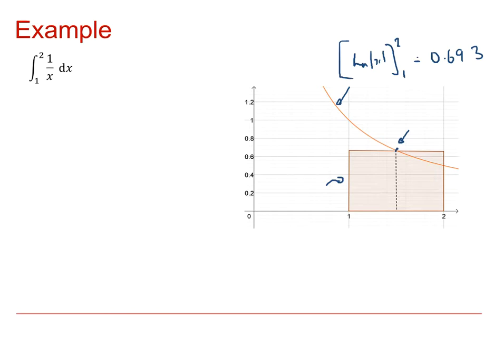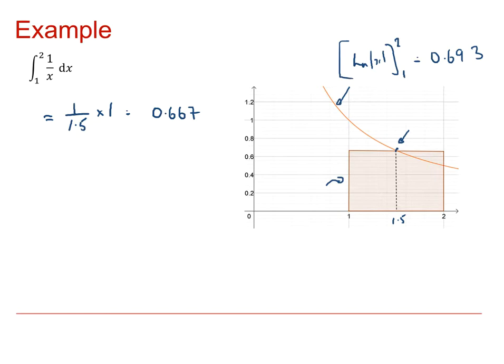Now obviously that height will be 1 over x, which is 1 over 1.5, so the approximation is approximately equal to 1 over 1.5, which is the height of the rectangle, multiplied by the width of the interval, 1. And that gives us a value of 0.6 recurring, or to 3 decimal places 0.667. So you can see that it's not too far out, but certainly it's an underestimate of the actual value of the integral.